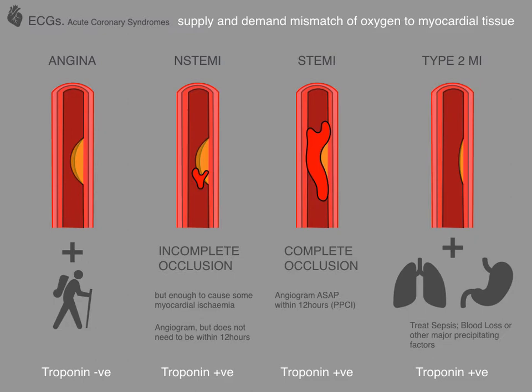It is worth noting at this point the other type of myocardial infarction that we term a type 2 myocardial infarction. These are patients in which another pathology is present, such as a large gastrointestinal bleed.